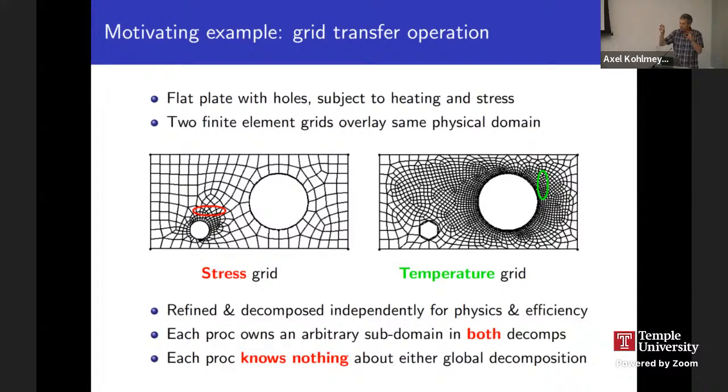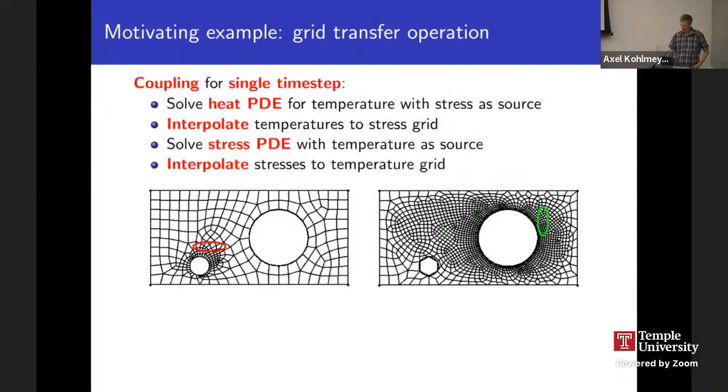It knows the grid cells it owns, but they have no connection geometrically. So each processor effectively knows nothing about what cells the other processors own in those both decompositions of the two grids.